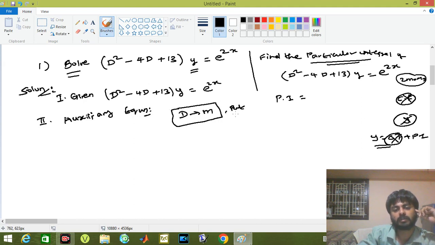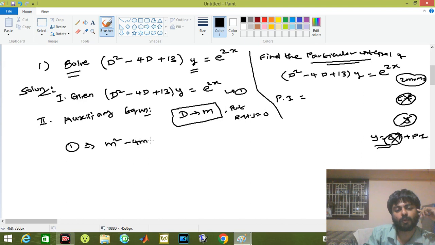Put RHS equal to 0. Okay, so the above equation, this is your first equation, will become m square minus 4m plus 13 equal to 0.